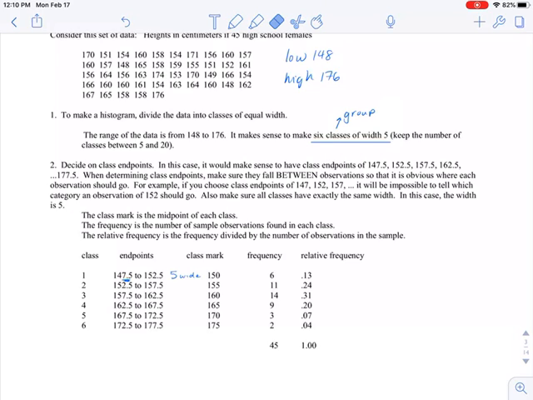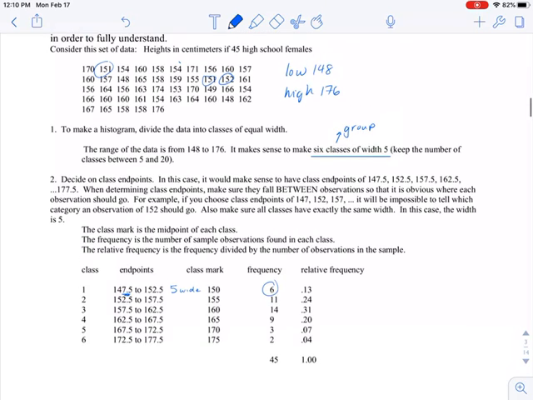So like this one, let's see. I know there's 6 in here. I'm missing some. Let's see. 147.5 to 152.5.